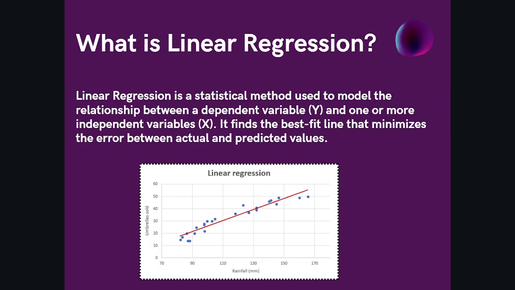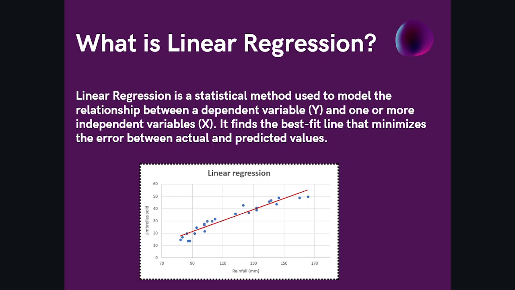So first question, what does linear regression actually mean? Linear regression is a basic machine learning model, we can also say statistical model, used to build a relationship between a dependent variable and one or more independent variables. Now, if it is just one dependent variable and one independent variable, then it is called linear regression.